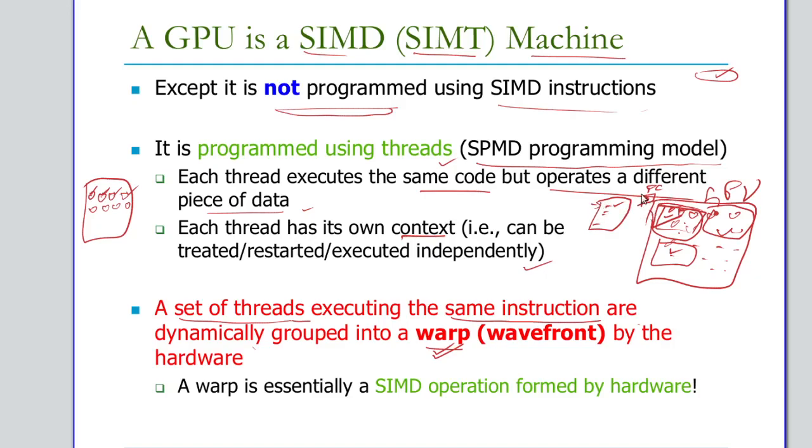So at one time we will fetch one instruction, and this instruction will be executed on all the threads, just the data will change. Okay, in the next clock cycle we will fetch the next instruction, and that particular instruction will be operated on all the threads of one warp.